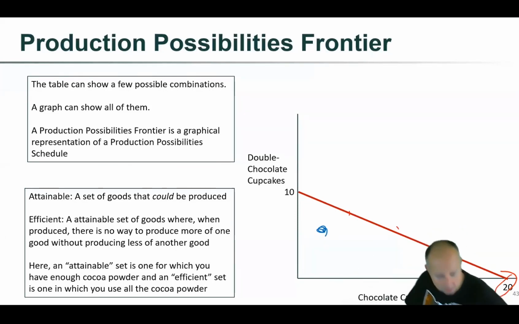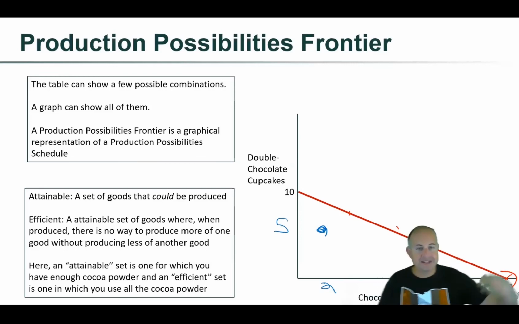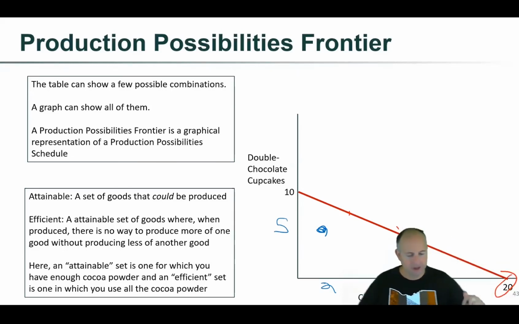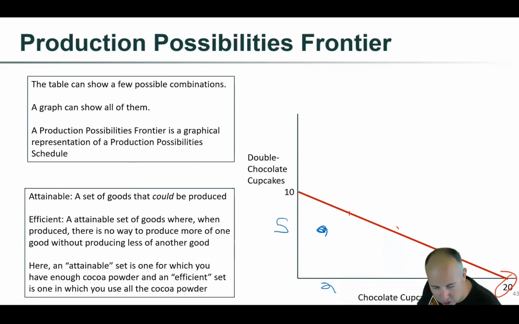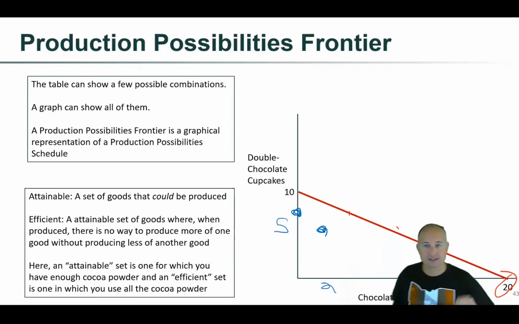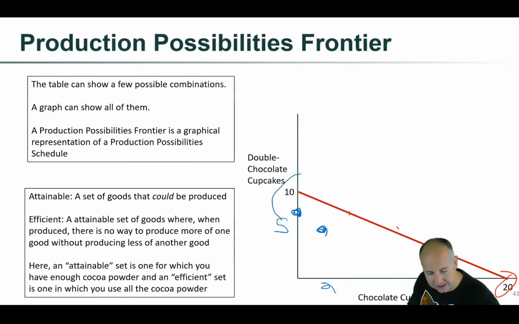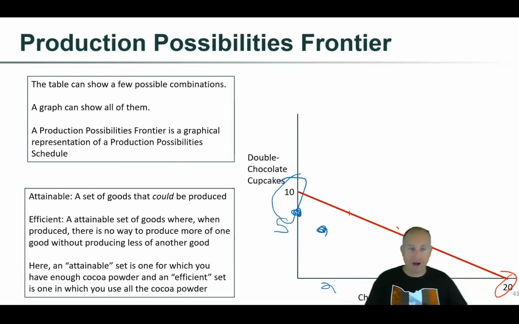He could produce, we'll call it, 2 chocolate cupcakes and 5 double chocolate cupcakes. And the fact that that is inside this red line means that it's possible. He could also produce no chocolate cupcakes and 8 double chocolate cupcakes. Notice that in all of these, he's going to have some cocoa powder left over.